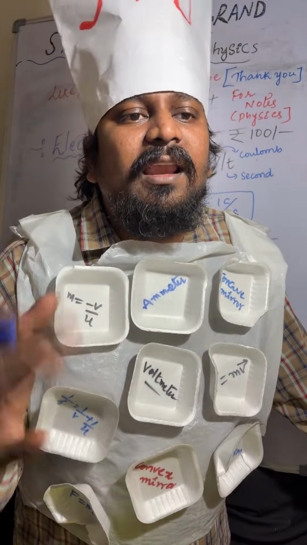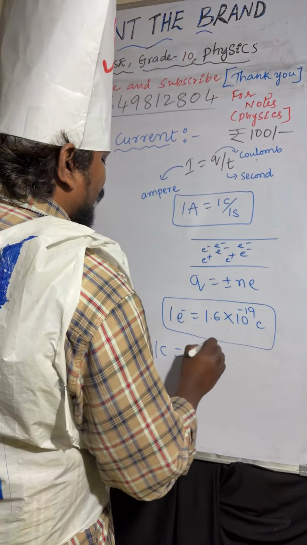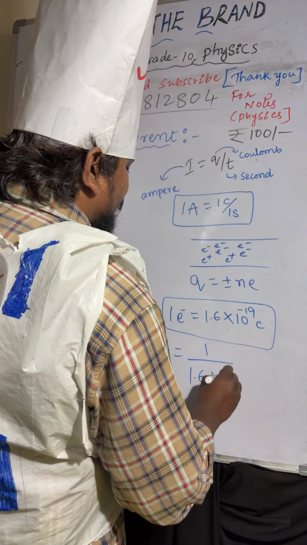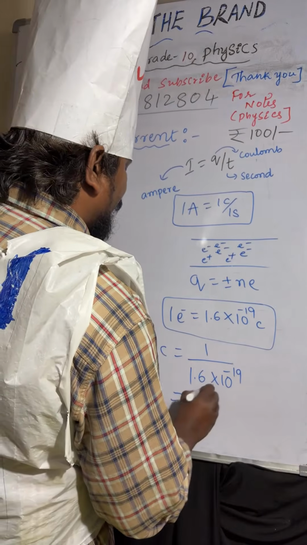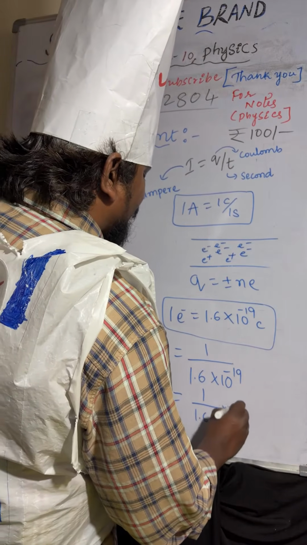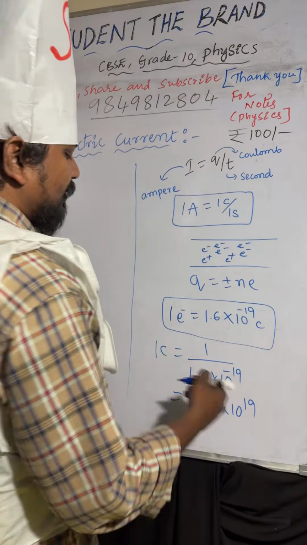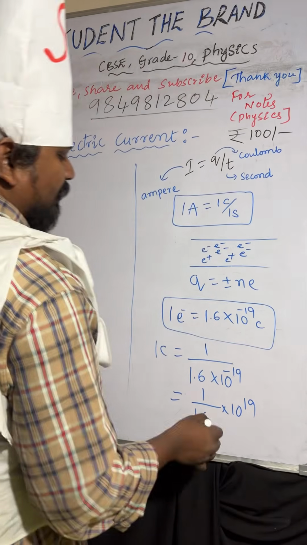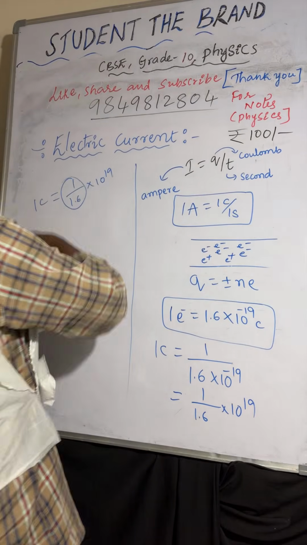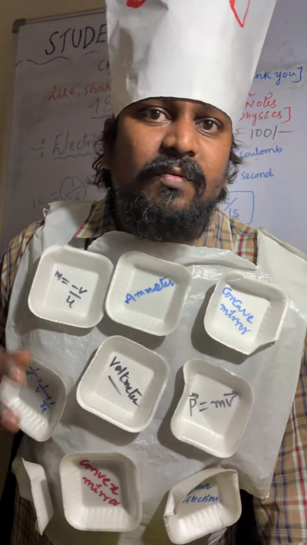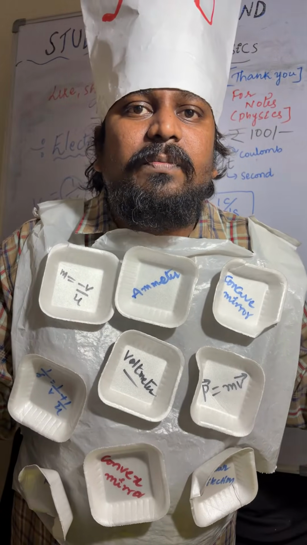In 1 coulomb, how many electrons are present? We'll see. In 1 coulomb, 1 by 1.6 into 10 power minus 19, so 1 by 1.6 into 10 power 19. 1 by 1.6 is 0.625.